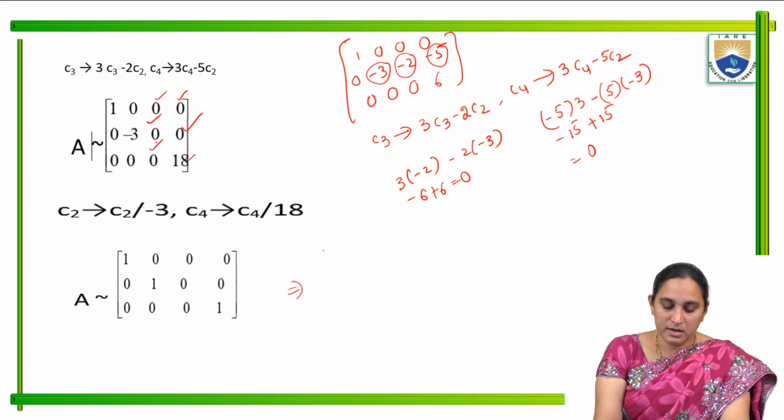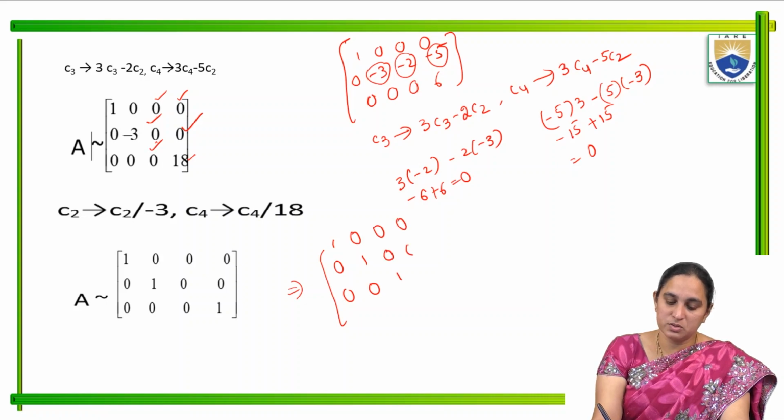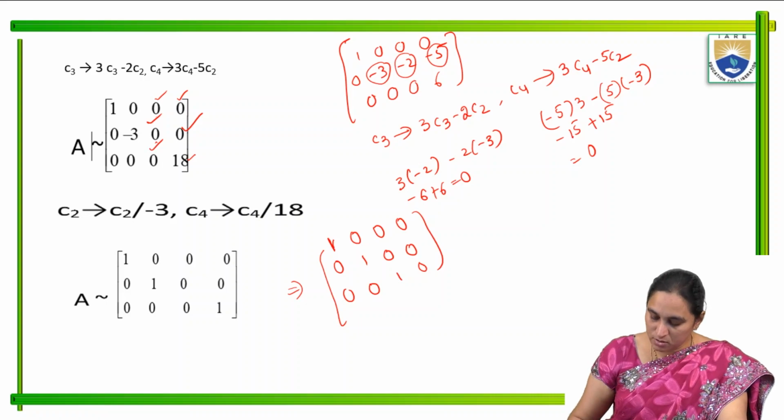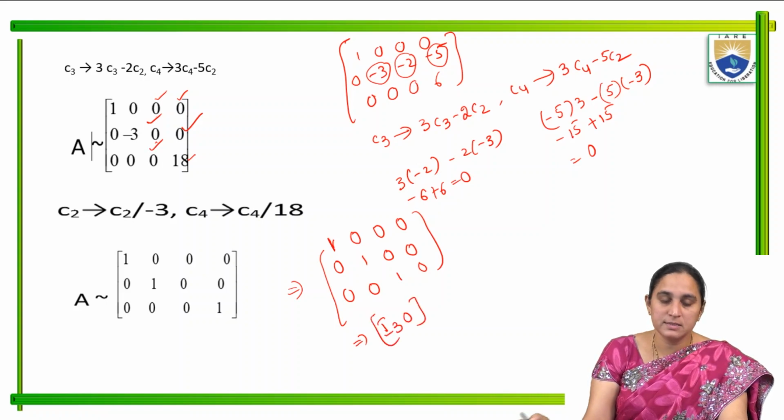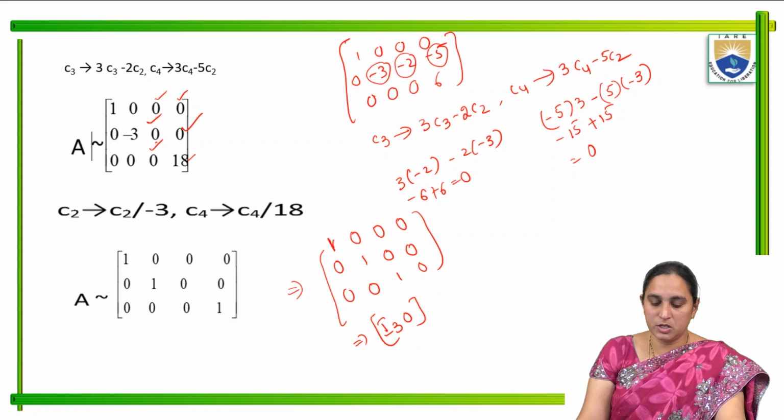From that I'll write it as 1 0 0 0, 0 1 0 0, 0 0 1 0. This is also identity matrix, that is I3 0 form.